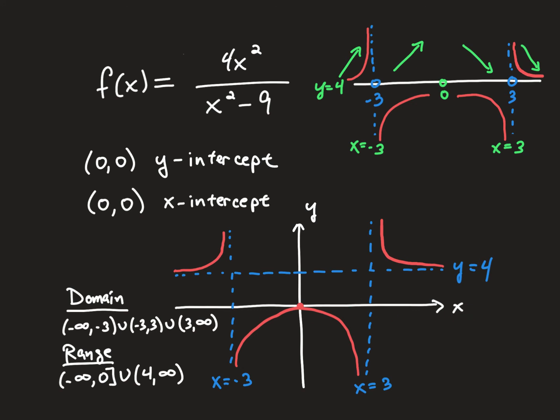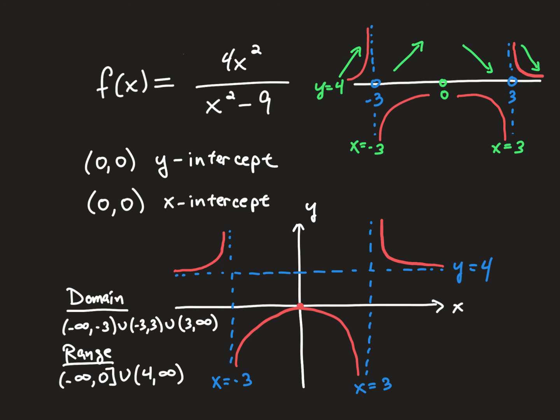And the range, we go from minus infinity up to 0. And we get to include 0 because 0, 0 is included in this. And then we go from 4 to positive infinity, but we do not include the 4 because here it's converging to 4, but it actually doesn't cross the horizontal asymptote y equals 4 because x is approaching infinity and never actually reaches that point.